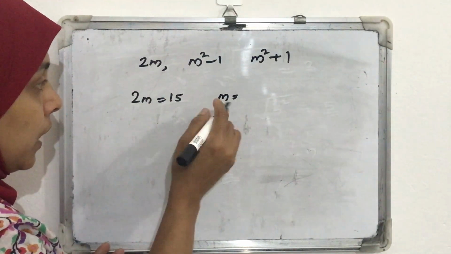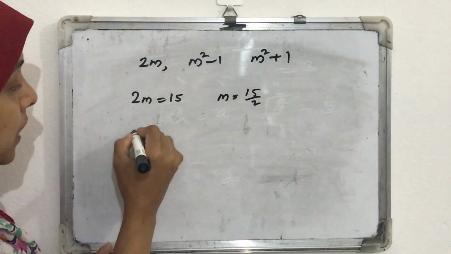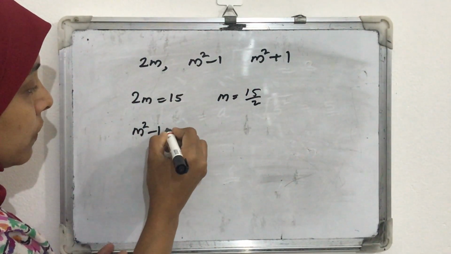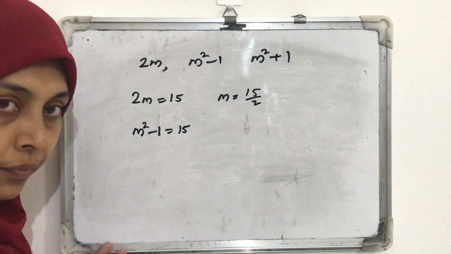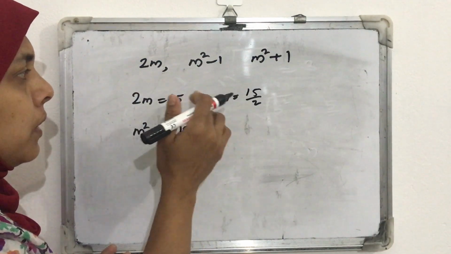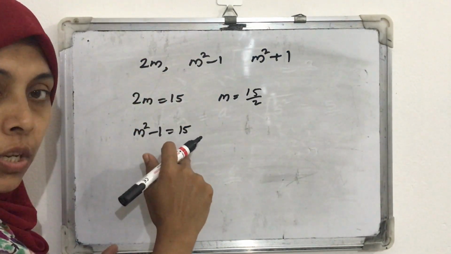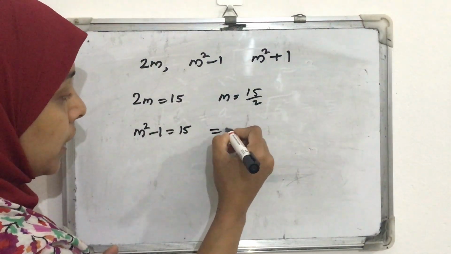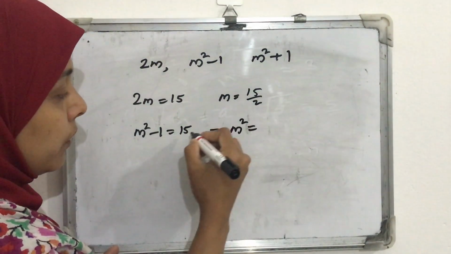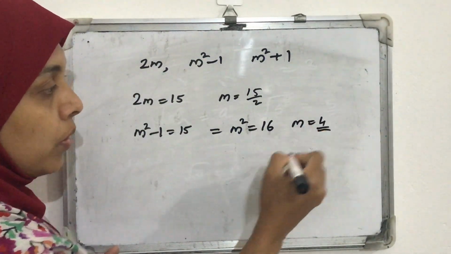That will not give a perfect number. So next, if we take m square minus 1 equal to 15, because one member is given as 15, then we try for the next triplet. So m square minus 1 is equal to 15. From that we can find m square equals 15 plus 1, 16. So m equals 4.